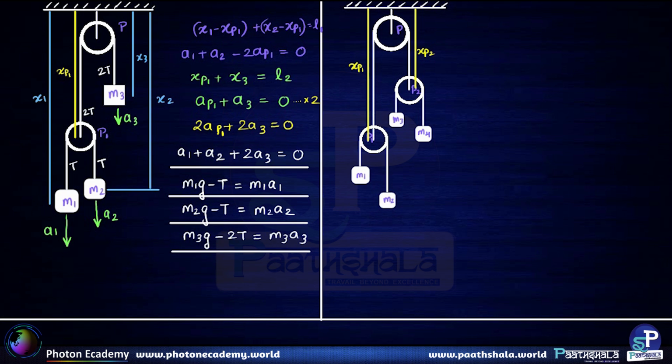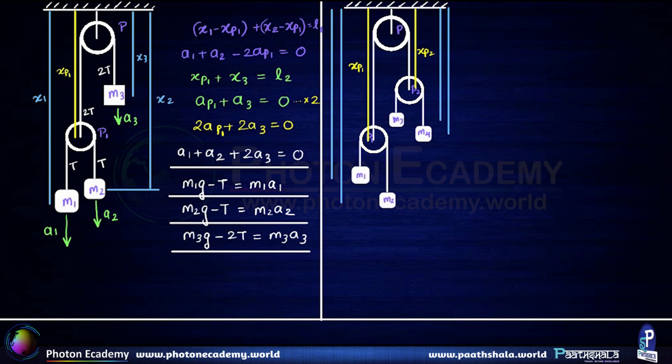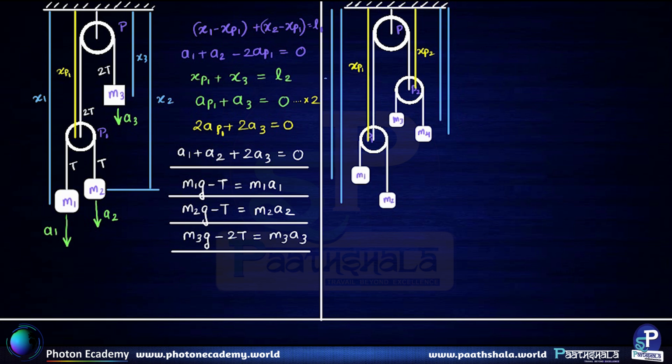Let us take the distance of M1 from the rigid support to be X1, M2 till the rigid support to be X2, M3 till the rigid support to be X3, and M4 till the rigid support to be X4. So this is X1, this is X2, this is X3 and this is X4. These are the distances as shown.